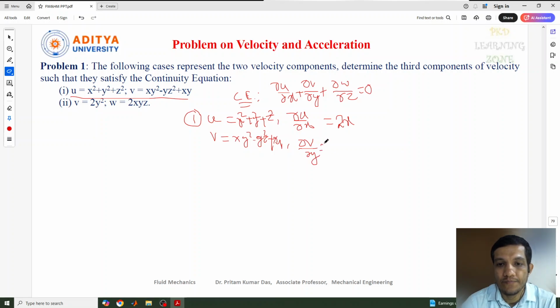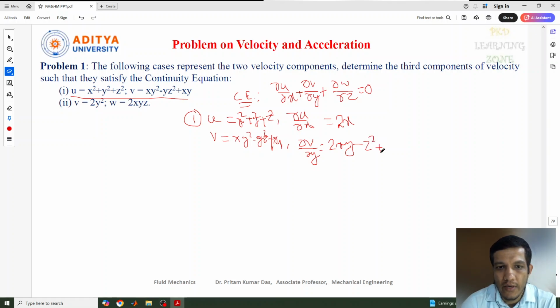If you take the derivative, we get 2xy, that means y square is differentiated and x is constant. For the remaining terms, y is there in yz square, so with respect to y we get only z square, with a minus sign.